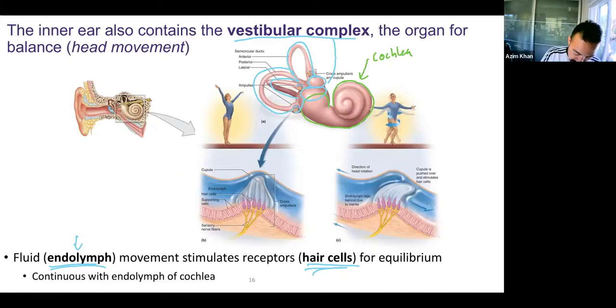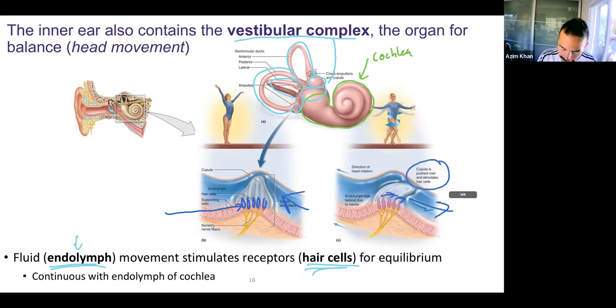And here you can see an example of this in this picture. In this picture, we have hair cells. And if there's movement, then there's a bending of the stereocilia. Head movement can bend these hair cells, the stereocilia of the hair cells.